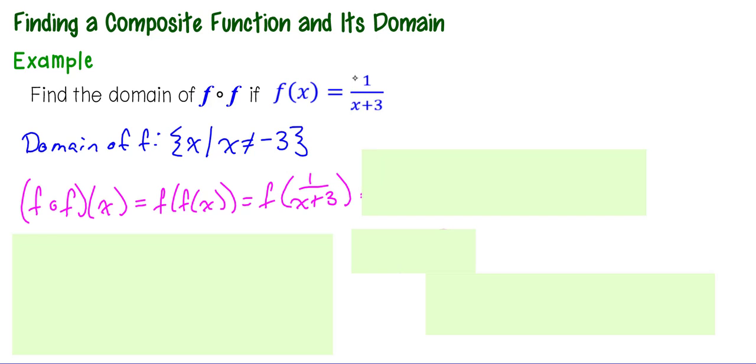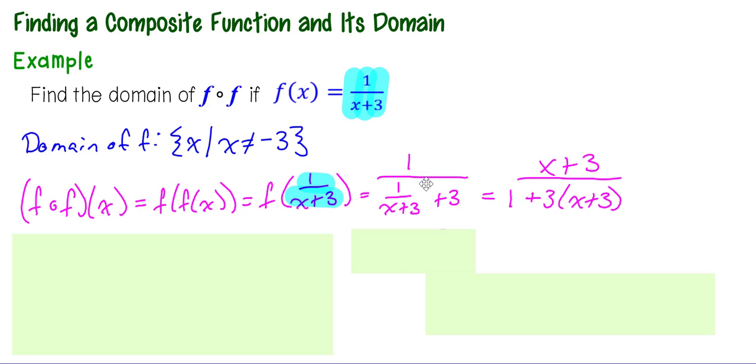So we just took our f of x and placed it where the x was, and then now we're going to do our equation. 1 over 1 over x plus 3 plus 3, and just like we did on the previous example, in this case you would multiply the top and the bottom by x plus 3 over x plus 3, and that will get rid of our fraction and leave us with x plus 3 over 1 plus 3 times x plus 3.